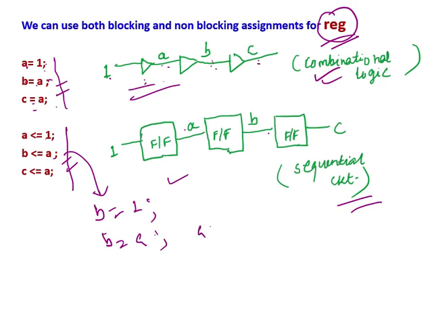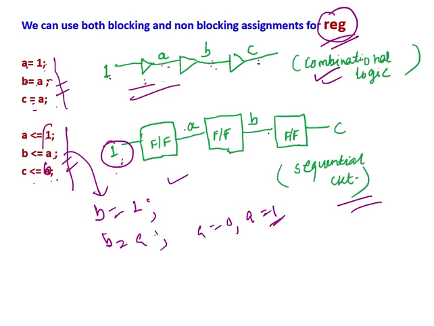It can be 0 or it can be 1, but B won't get this new one instantly. And what will C get? The previous value of B, not the new value. Sorry, this one is B, not A. So these are previous values.